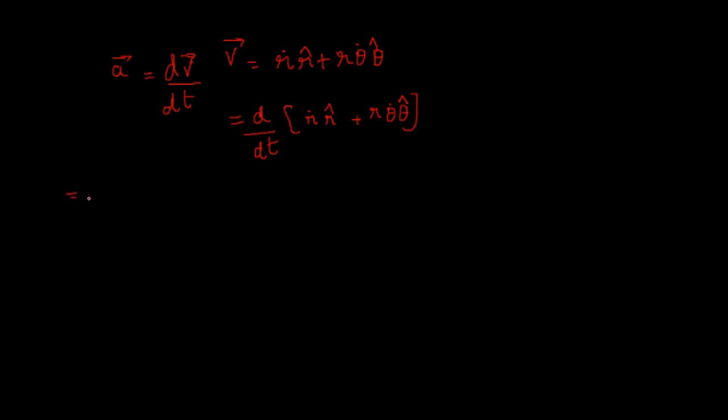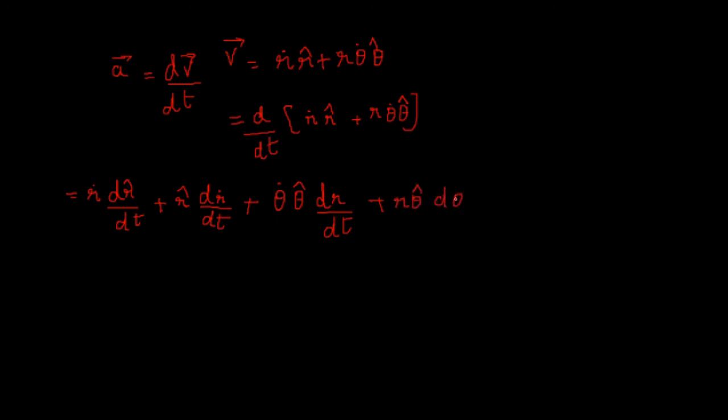So it is r dot into dr cap by dt plus r cap into dr dot by dt, plus theta dot theta cap into dr by dt, plus r theta cap into d theta dot by dt, and last we will have r theta dot into d theta cap by dt, right? So we have to do one by one.